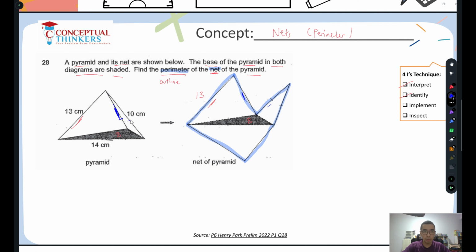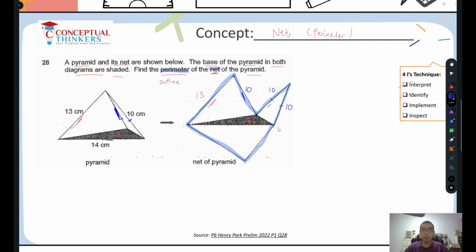So this and this will be equal in length. So this means that this line will be 10 cm and this line will be 10 cm, so that when they combine together, they merge and become one line. Okay. Next, this another 10 cm will be the 10 cm here.